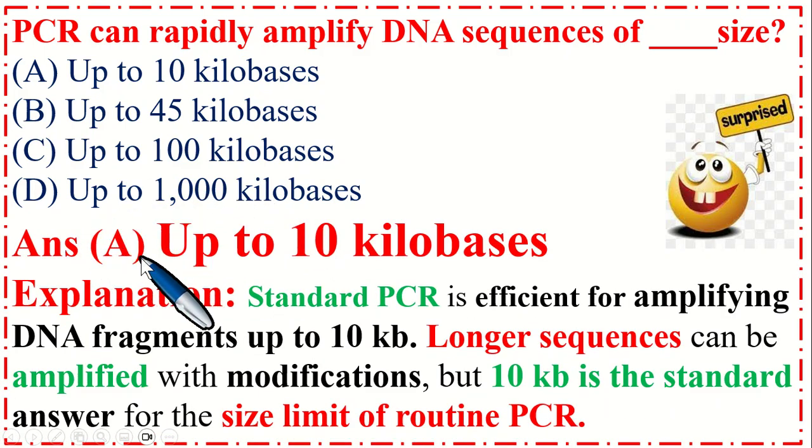So the correct option is A, up to 10 kilobases. Explanation: standard PCR is efficient for amplifying DNA fragments up to 10 kb. Longer sequences can be amplified with modifications, but 10 kb is the standard answer for the size limit of routine PCR.